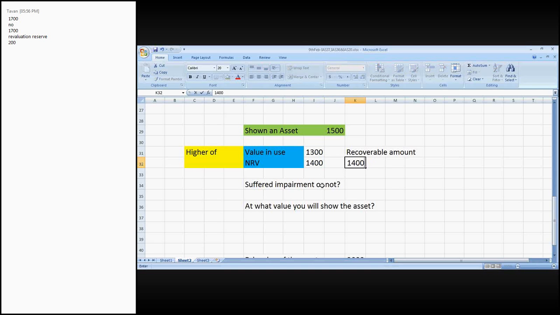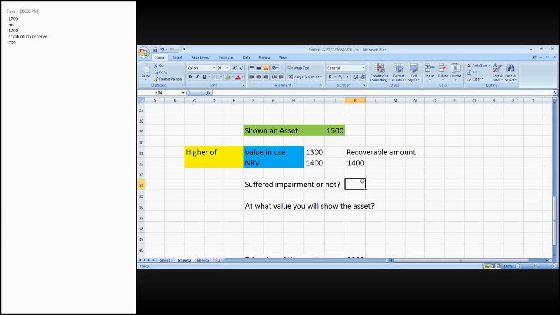Comparing the recoverable amount with the carrying value, the lower of these two will be the value at which I'll show this asset. Impairment testing doesn't say that the higher of these two values will be shown. It always says that the lower of these two values will be the value at which I'll show the asset in the books of accounts, isn't it?